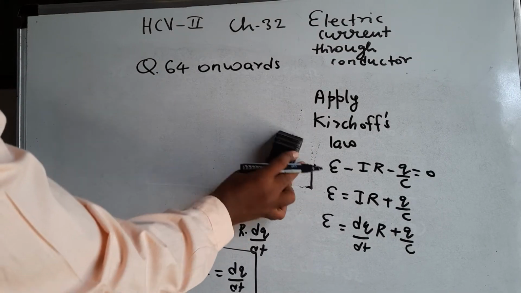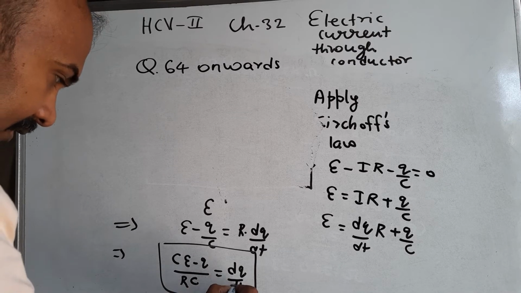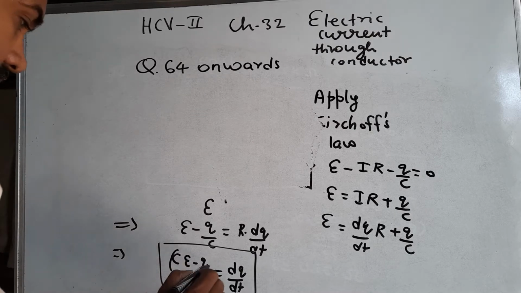We have to solve this equation. Let us now take this Ce minus q cross multiplied here, and dt cross multiplied to this place.